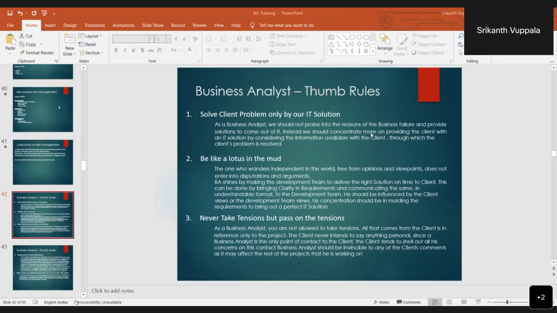You should not take the tension. Instead, identify who has worked on that, who is responsible for that defect, and pass the same tension to that person. Why? Because if a business analyst comes under pressure, he cannot handle things.